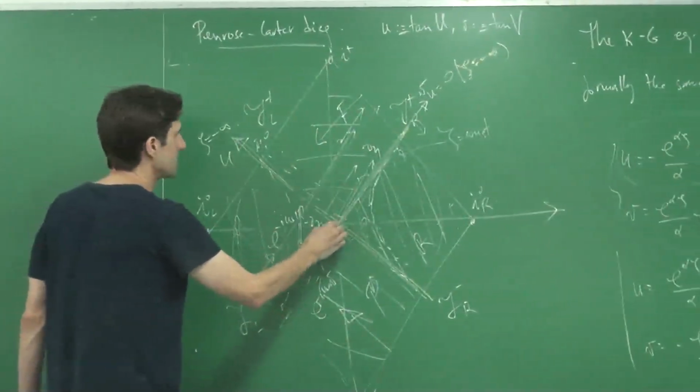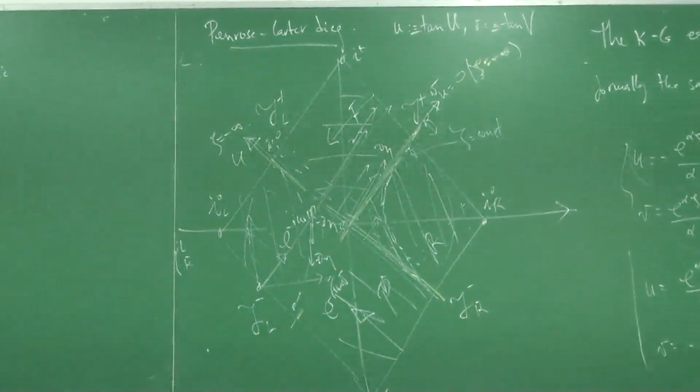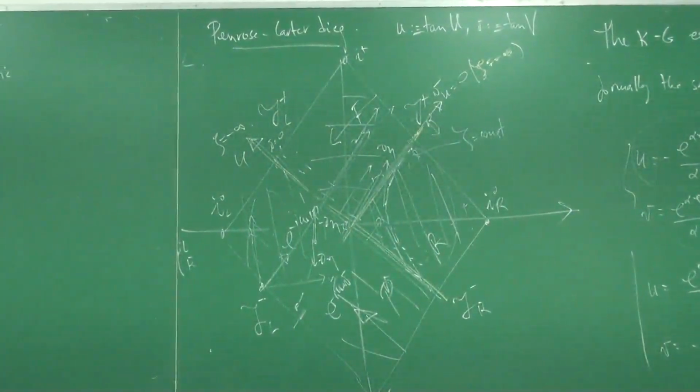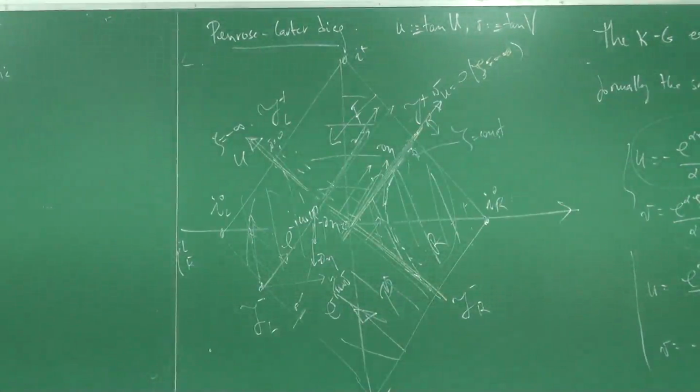U negative means we're in the right wedge, where this guy is equal to 0, so this is just equal to 0 when u is negative. Similarly, when u is positive, this guy is 0, and this is exponential of minus pi k bar alpha, alpha u i k bar alpha.